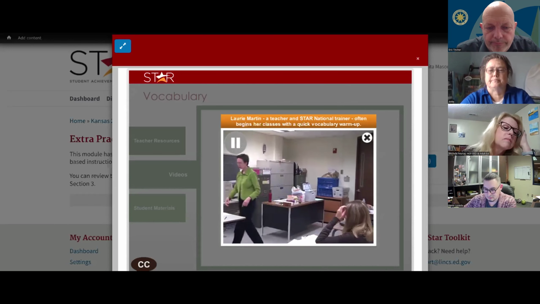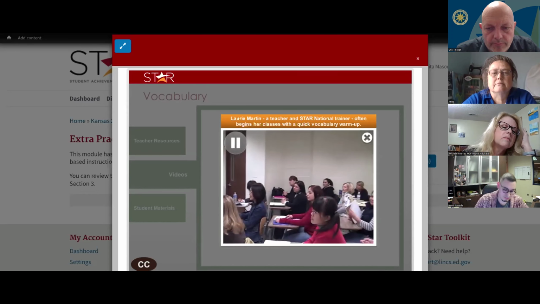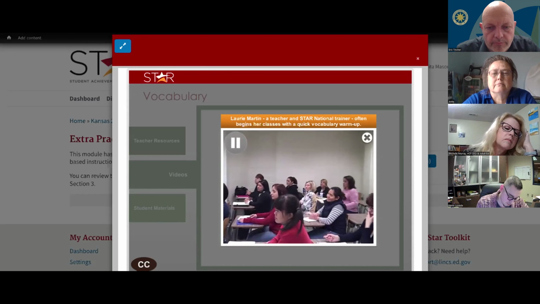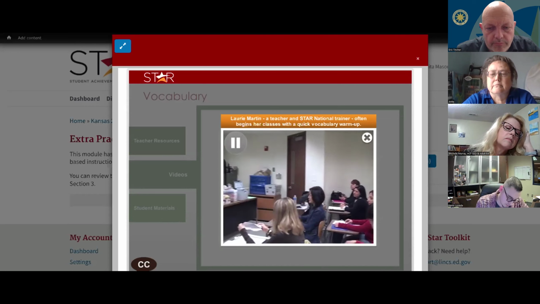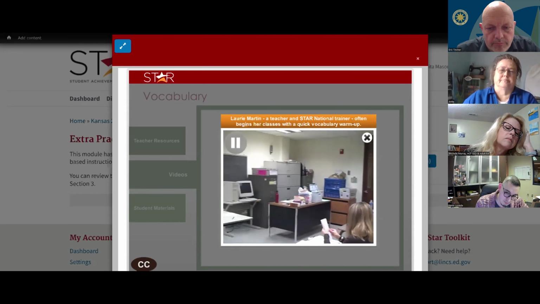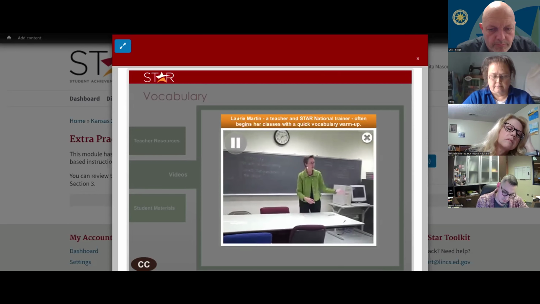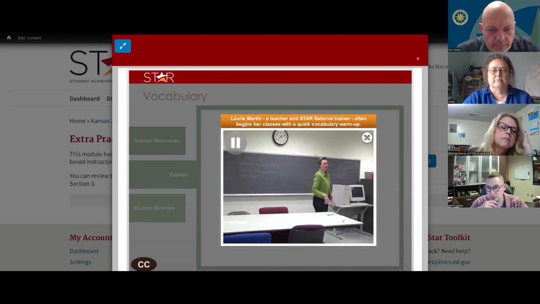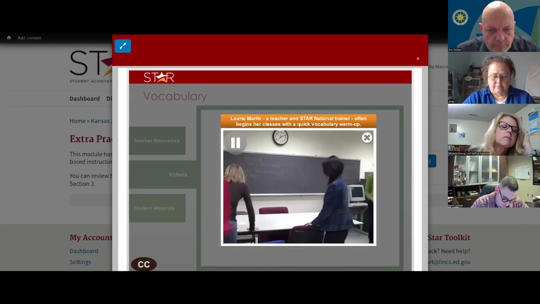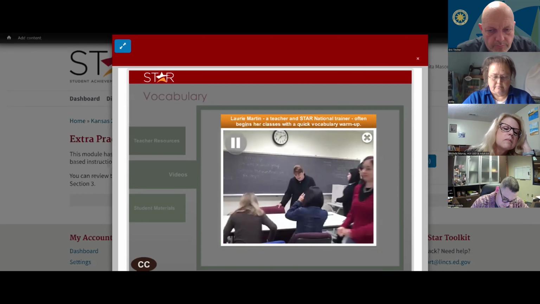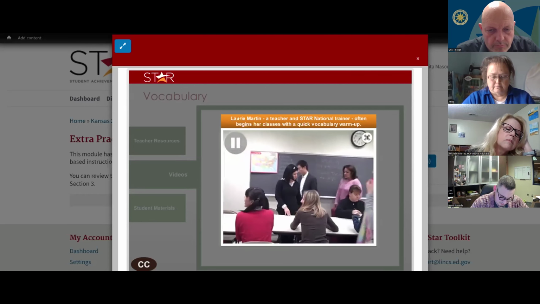Long table, and you're going to sit here with 1 or 2 other people like you usually do and take a strip and read the question. The strips have our vocabulary words on them, okay? And the list of vocabulary words is over here on the board to remind you, so you can try to use those words while you're having your discussions. So come on over. Leave your things at your table. Just come and fill in the chairs, and if we have too many people, then we'll make some groups over here. Okay? Yeah, go all the way down, fill all the chairs.